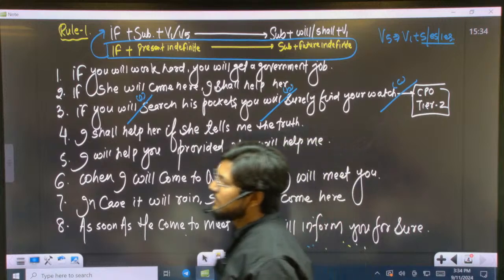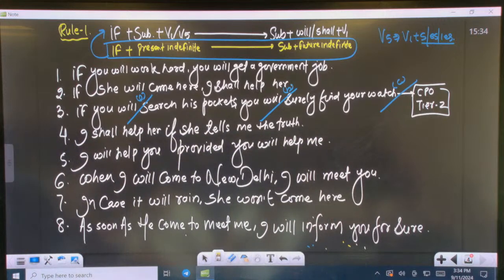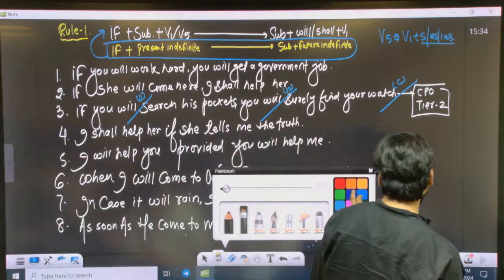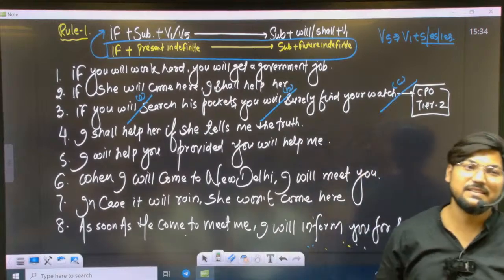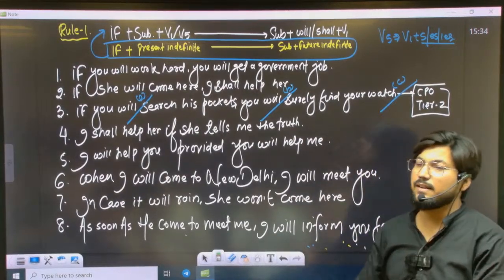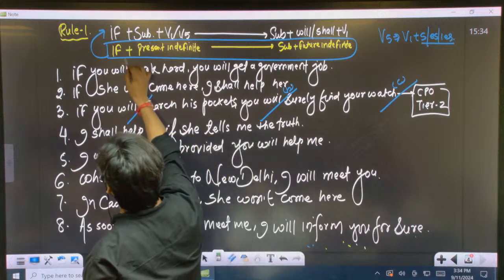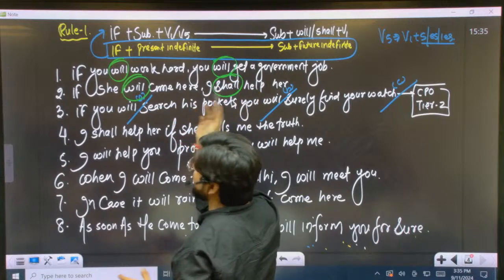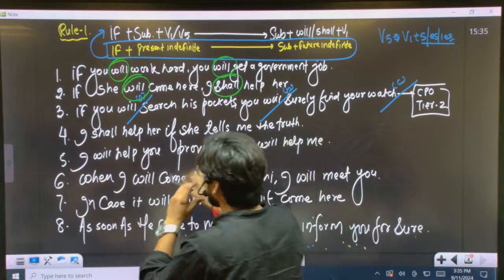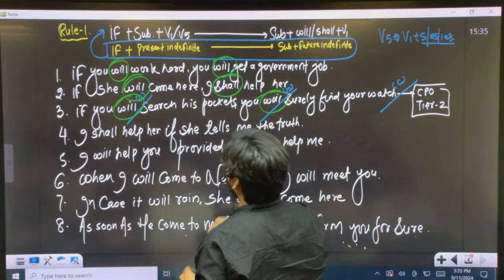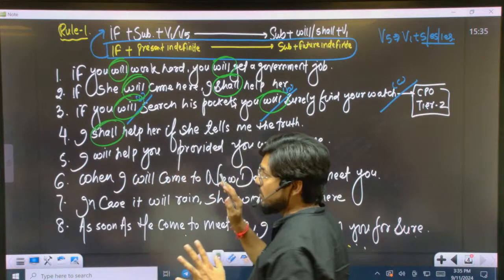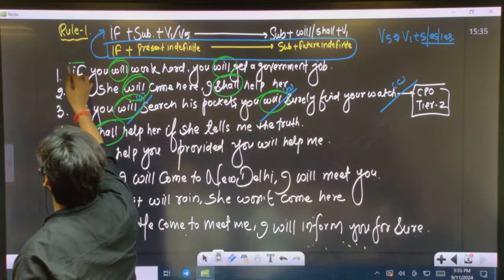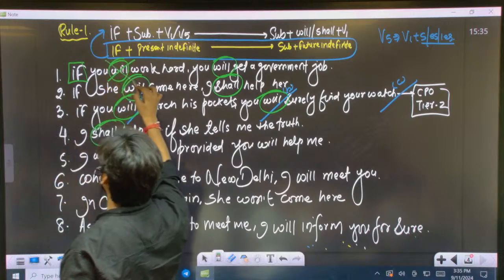Question number 1. Sentence correct or not? Not correct. Why? We don't have to use two wills or shalls in a sentence if the sentence is a conditional sentence. Two wills means will or shall are equal, so the sentences are wrong, right? The first point is if your sentence starts with if, don't use will.